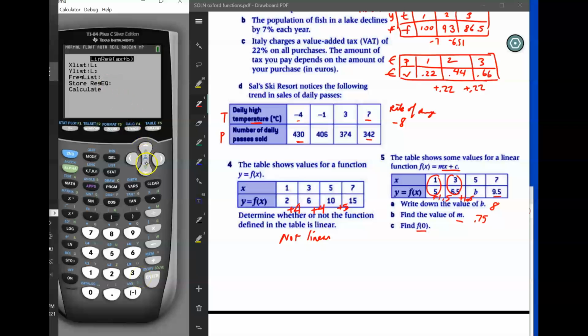The way you do that is you go to where it says store reg equation, and then you say vars, y bar, function, y1. Saying I want to put it into y1. So it's going to put my function, which was 0.75x something, into y1. So if I press on y1, look, it's there.